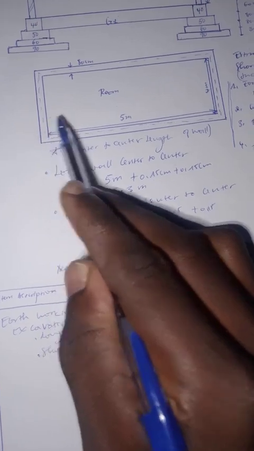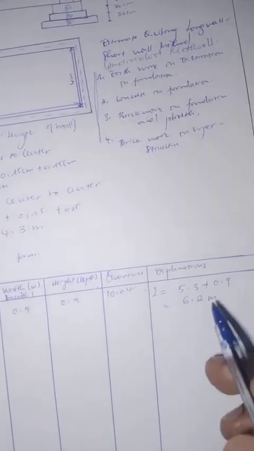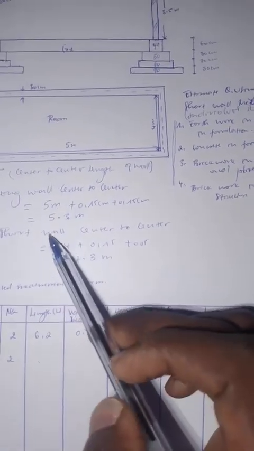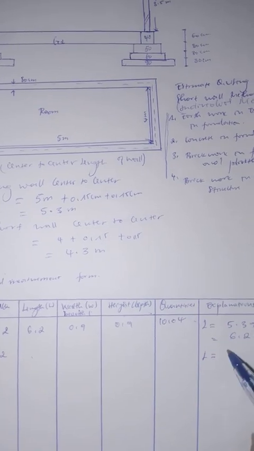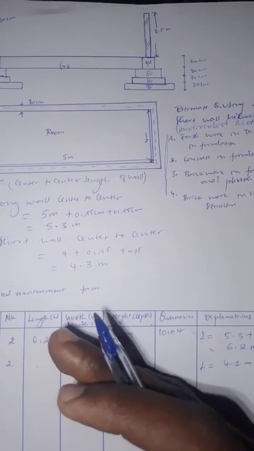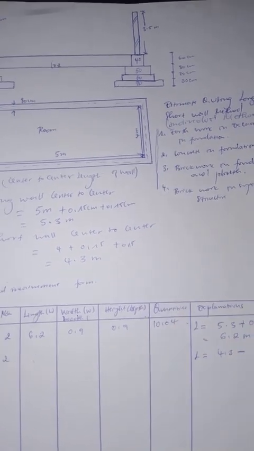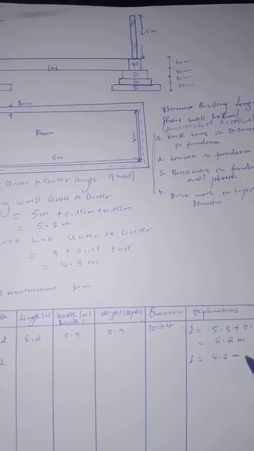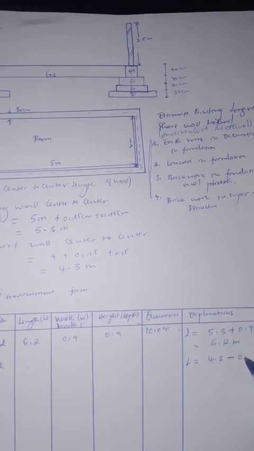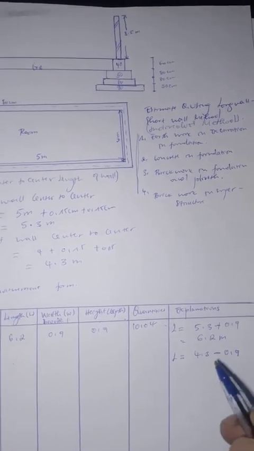Here, the length of the short wall comes as: take the short wall center to center, 4.3 minus a half of each part, 0.45 minus 0.45, which is 0.9. So 4.3 minus 0.9.